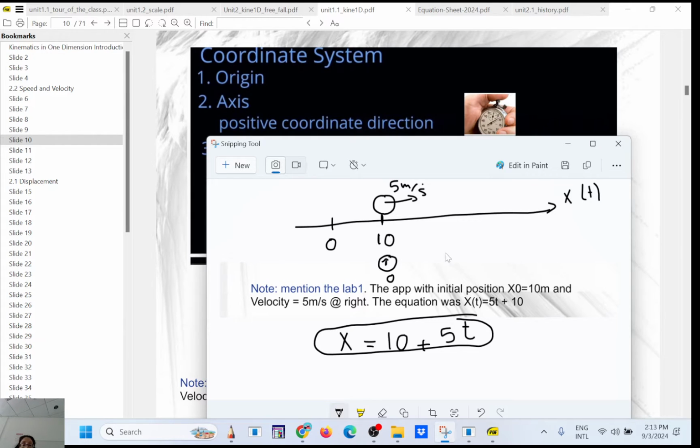So what did we say? After t equals what? The 3 seconds. So I stop the stopwatch. I'm going to be at 25. I'm still moving, but that's where I stop the stopwatch. Okay? So just an introduction.